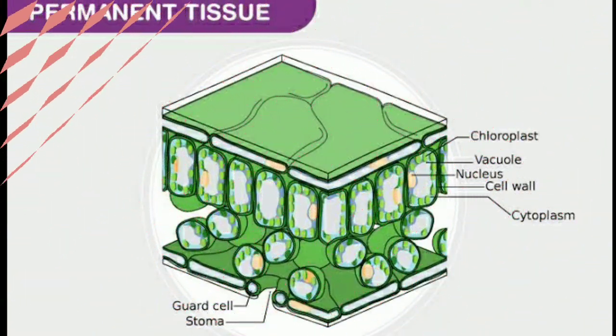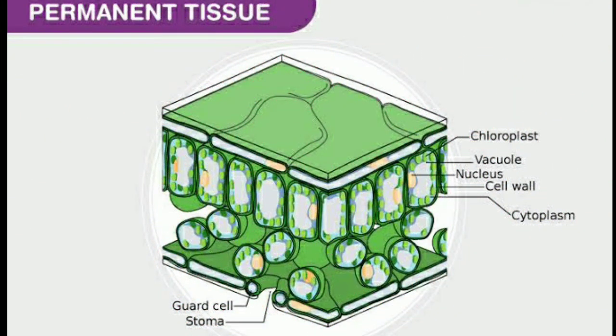The next type is permanent tissue. After their growth is complete, new cells formed by division of meristematic tissues lose their ability to divide and start to perform a specific function at a specific place.